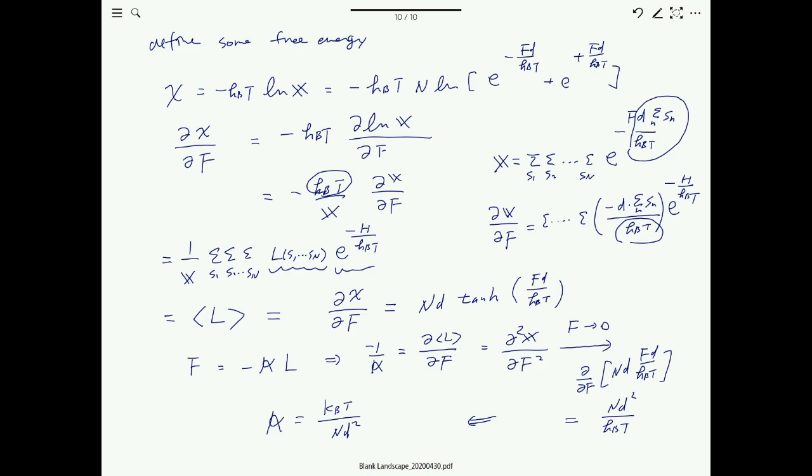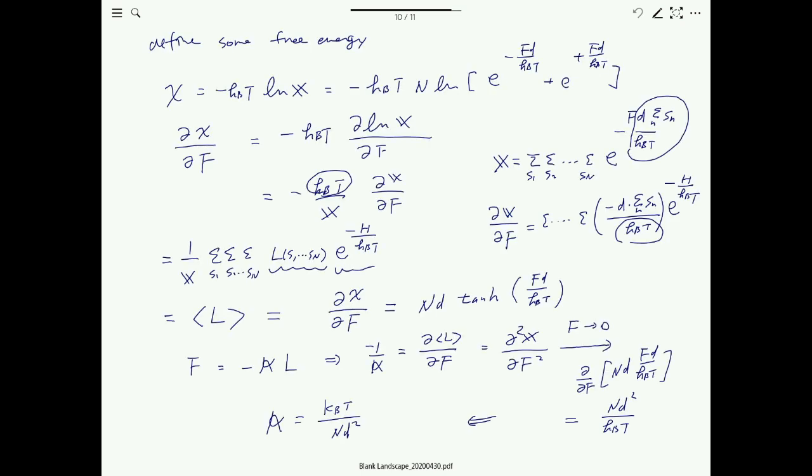Now there's another question: if we increase the rubber band temperature, would the rubber band contract or extend? We can look at this expression for the spring constant.